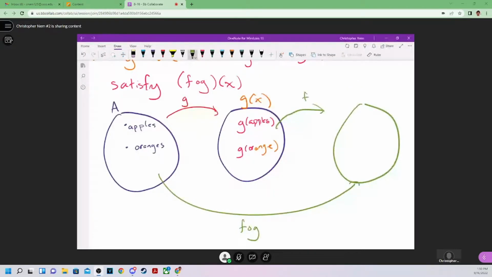Your function f takes all of this stuff, and that's going to be f of g of apples. First, I have to throw an object inside of my function g. Then I'm throwing whatever I spit out, whatever that output is, inside f now. That is my composition function. So it's a double map. That's how you want to think about it.